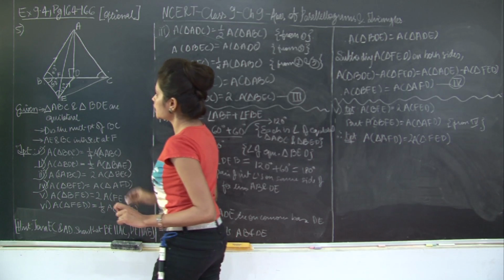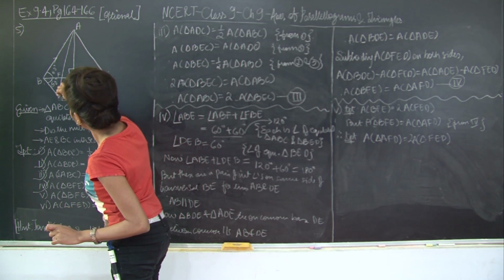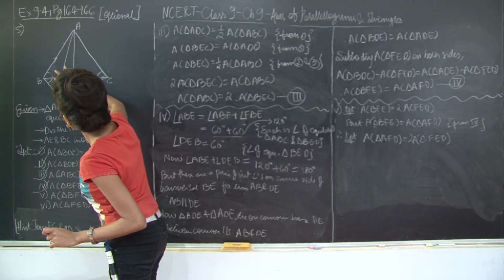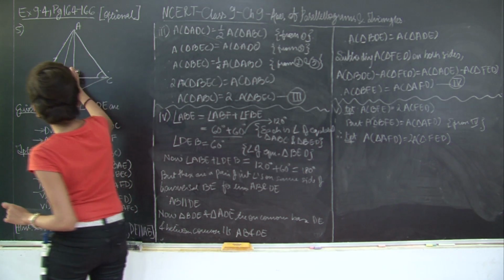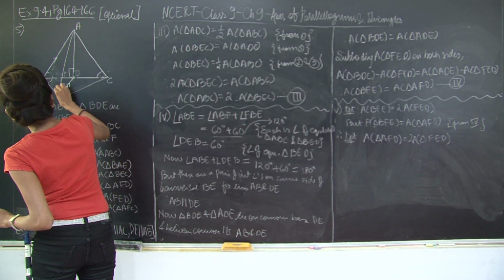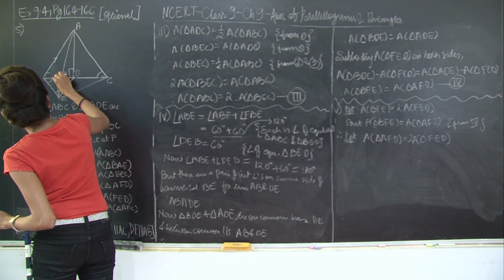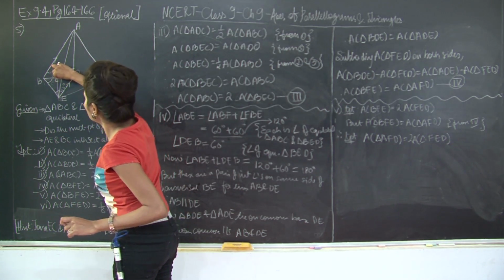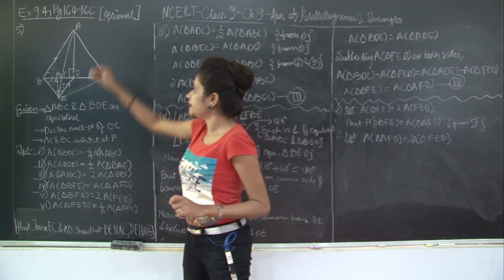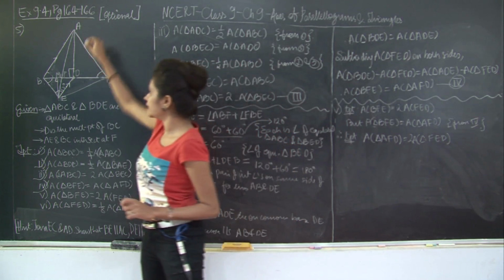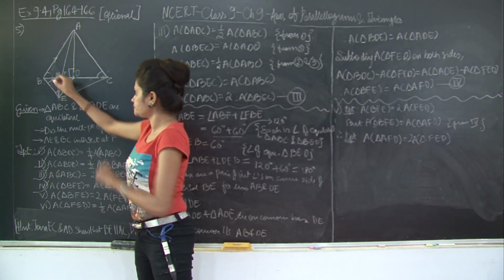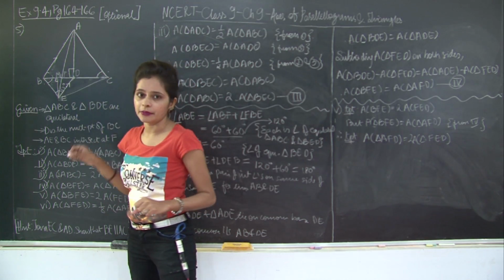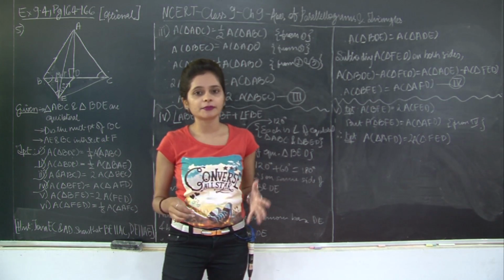Now I will draw a line. I am erasing the 60 over here and just writing F inside. I will draw EM perpendicular to BC. So area of triangle ABC is half BC into AD and area of triangle BEC is half into BC into EM, right? Because area of a triangle is half base into height.